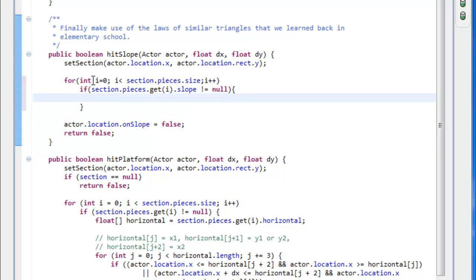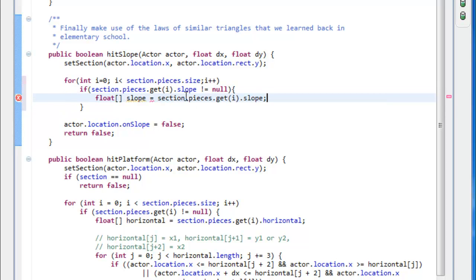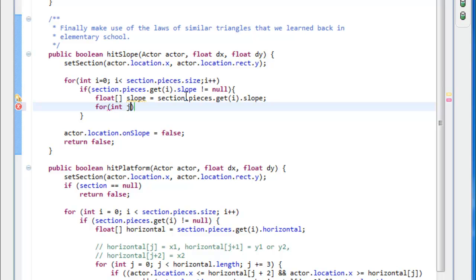We're just going to set this to that, and then we're going to plus equals 4, because remember we're presenting 4 points for one slope, so that's why we're incrementing by 4.